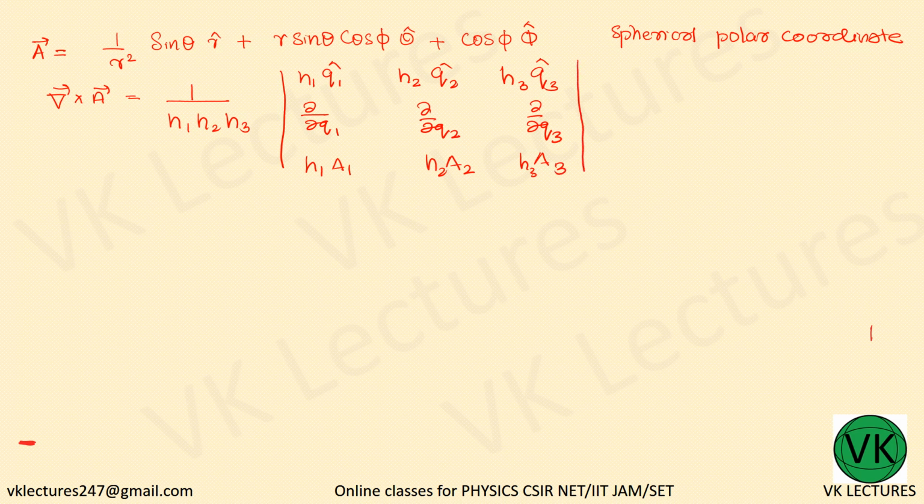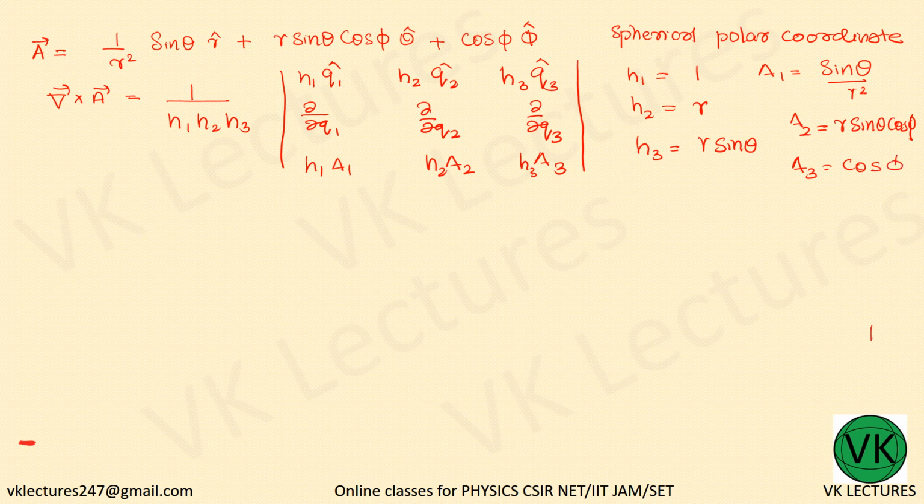Here h1 is equal to 1, h2 equal to r, h3 equal to r sin theta. A1 is equal to sin theta by r square. A2 is equal to r sin theta cos phi. A3 equal to cos phi.